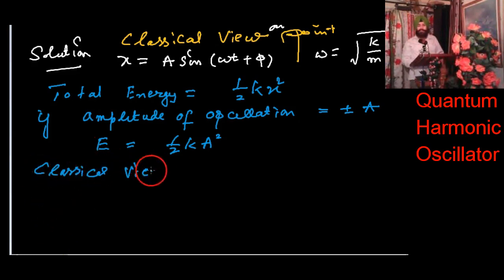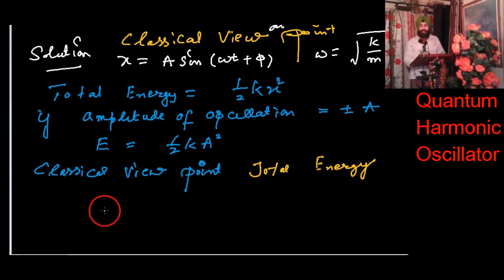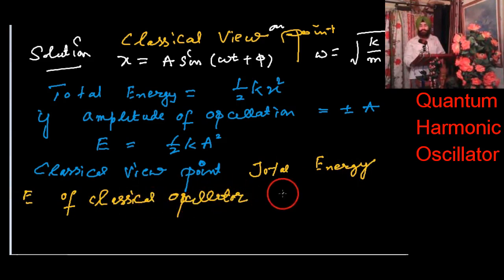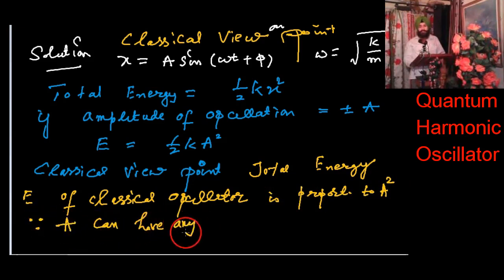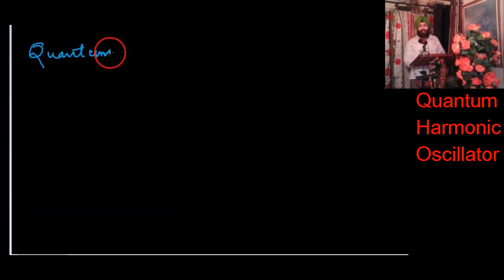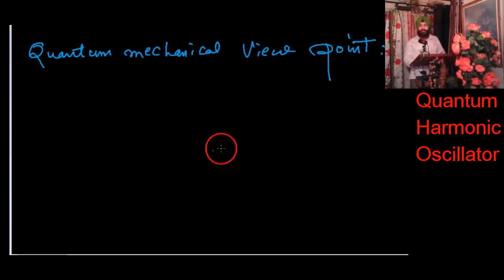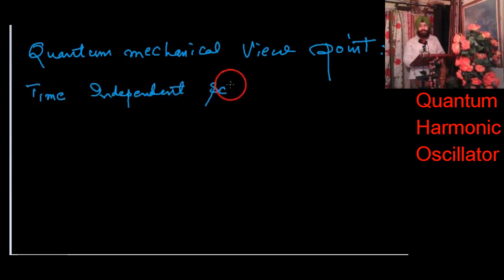But it is not true experimentally in microscopic bodies like atoms when they oscillate. So we have to think of the harmonic oscillator from quantum physics. Because A having any value, the classical viewpoint is total energy having continuous values.